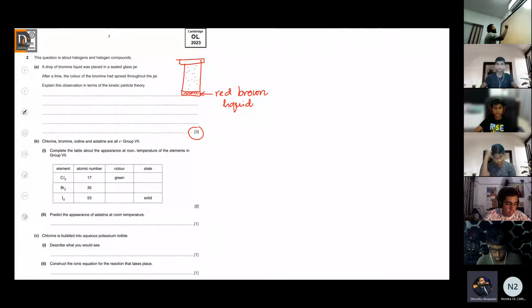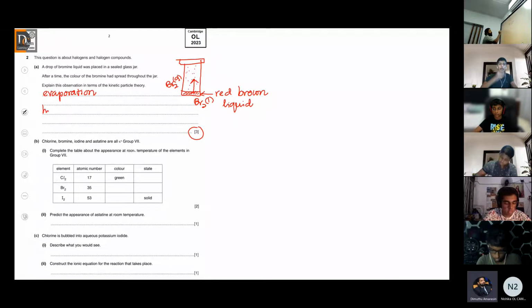So there are 2 processes happening. First of all, bromine from liquid has to go to the gaseous state. What do you call that process? Evaporate. Right? So the first thing that should happen is evaporation. How do you explain the evaporation?